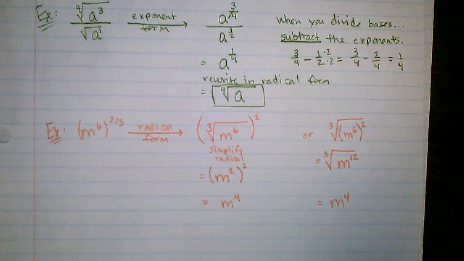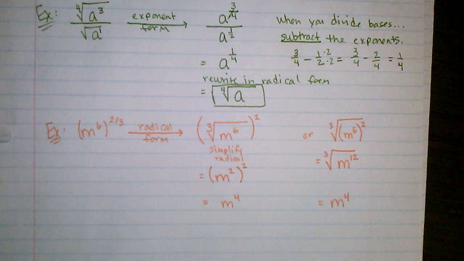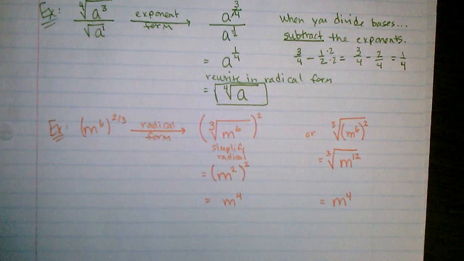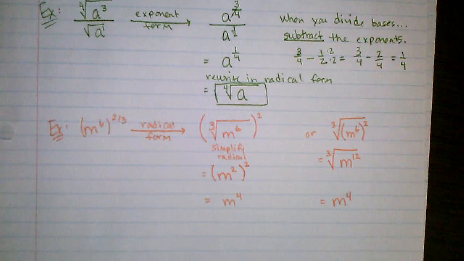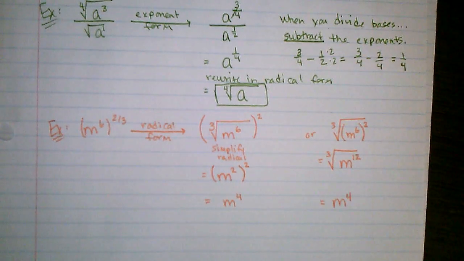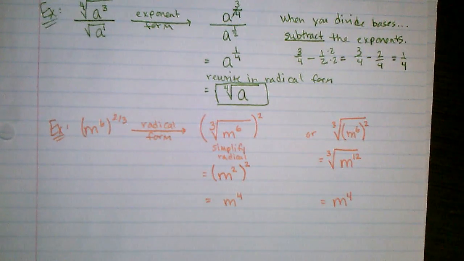So either way, I got the same answer. Now there's a third way that you could do this problem. And that's just by multiplying these exponents from the beginning, but that's not always going to get you to a good final answer. So I'm going to have us stick to one of these 2 methods so that we have a more general strategy that will work for more problems.